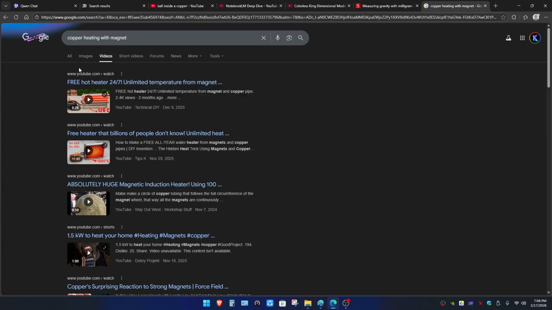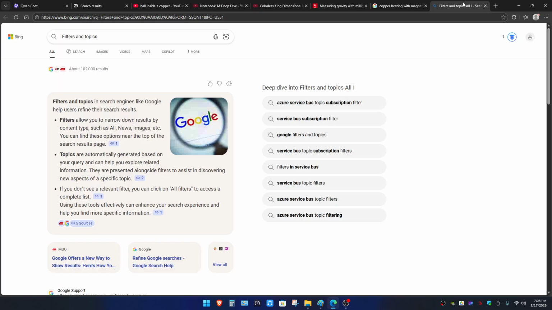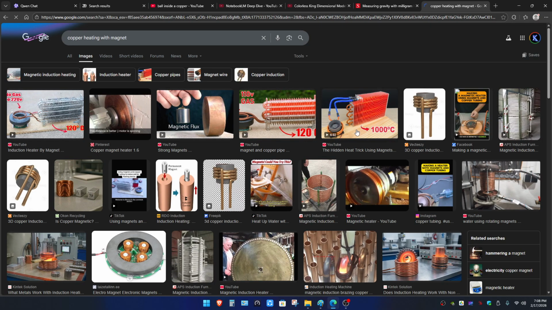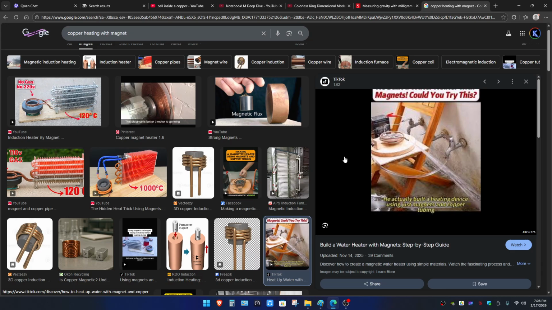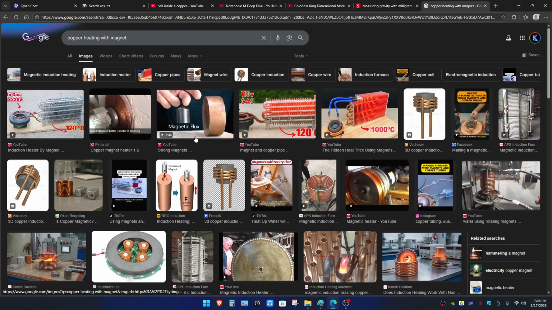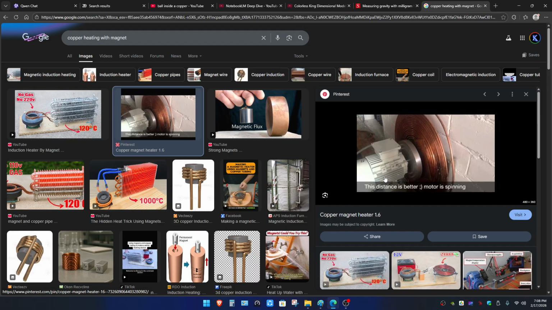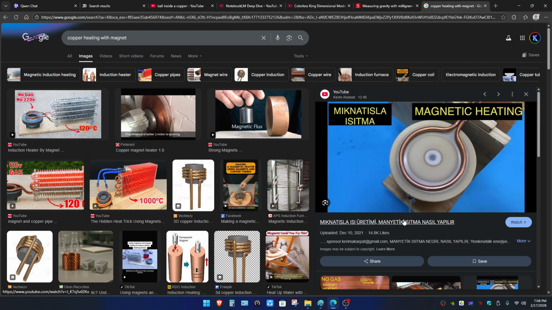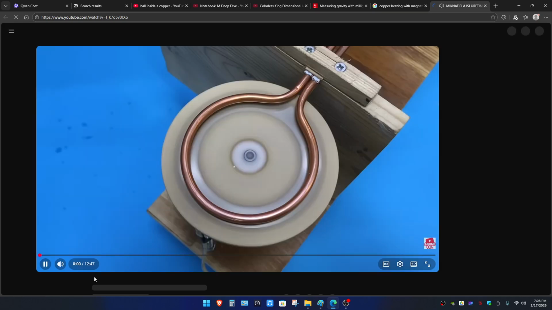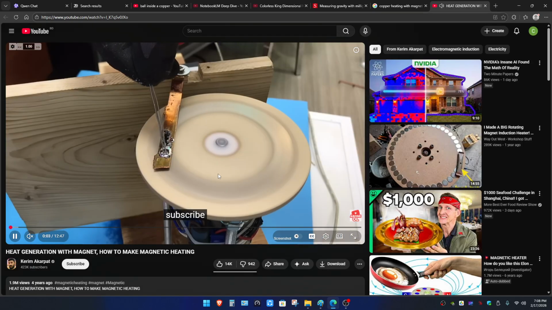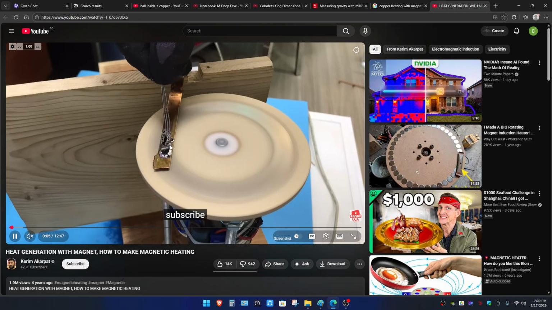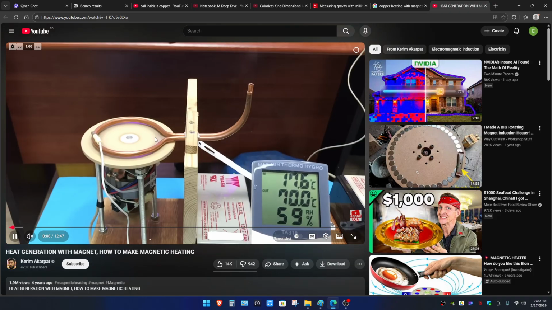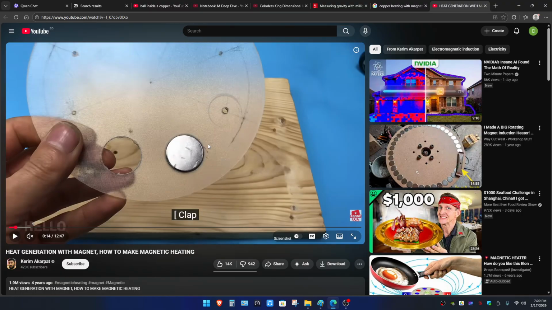Okay, so this is a real topic. It happens because I have already seen one of these. Okay, maybe this one. So I have already seen this topic. It actually happens that when you basically break the magnetic field of the copper over and over again, you will eventually see that things will start to heat up, because a moving magnetic field creates an electric field, and when a large quantity of electricity enters a copper, then eventually the copper will get heated.